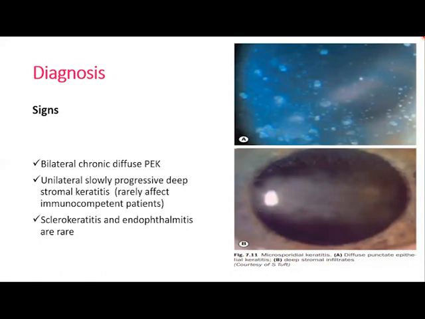In these pictures we can see diffuse punctate epithelial keratitis, and deep stromal infiltrate. Deep stromal infiltrate is unilateral, slowly progressive, and chronic. The punctate epithelial keratitis is most commonly bilateral.